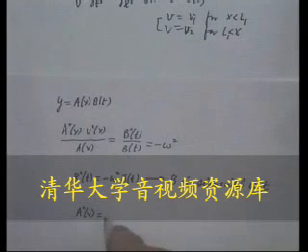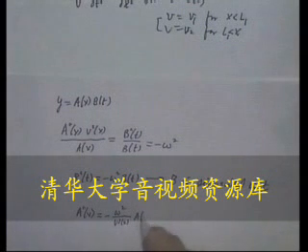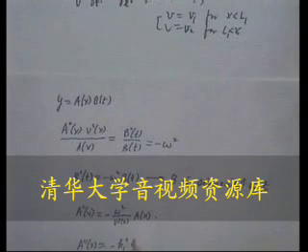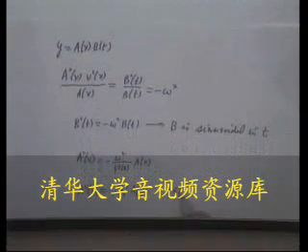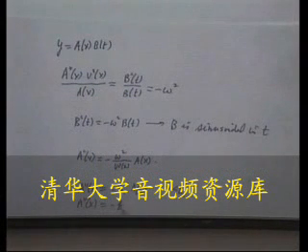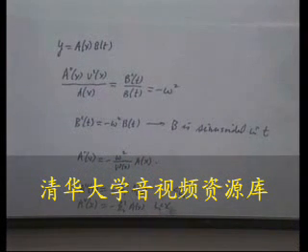But the A equation becomes now more complicated because we now have A double prime of x equal to minus omega squared over v squared, which is a function of x, times A of x. Or we write it as A double prime equal to minus k1 squared A of x for x less than L1, and A double prime equal to minus k2 squared A of x for x greater than L1.